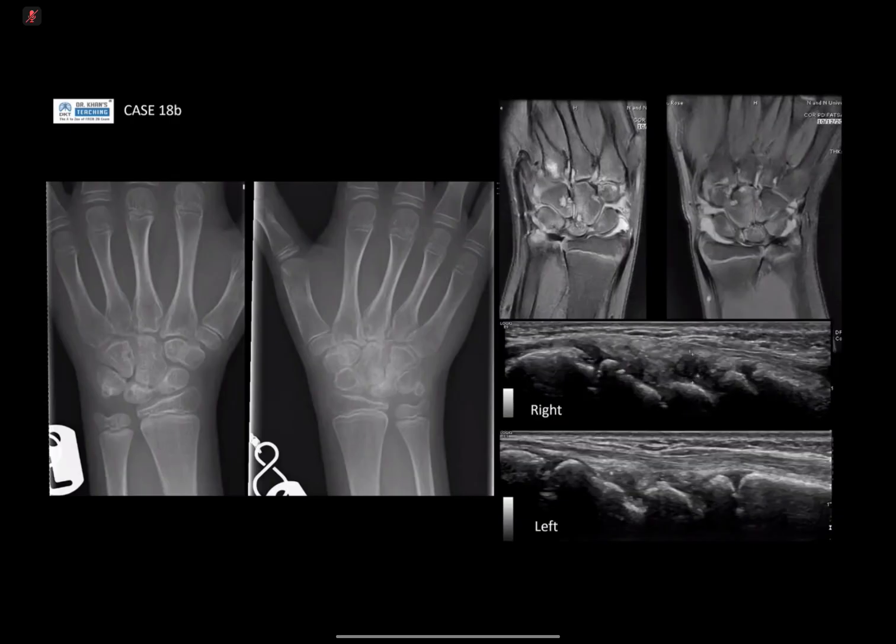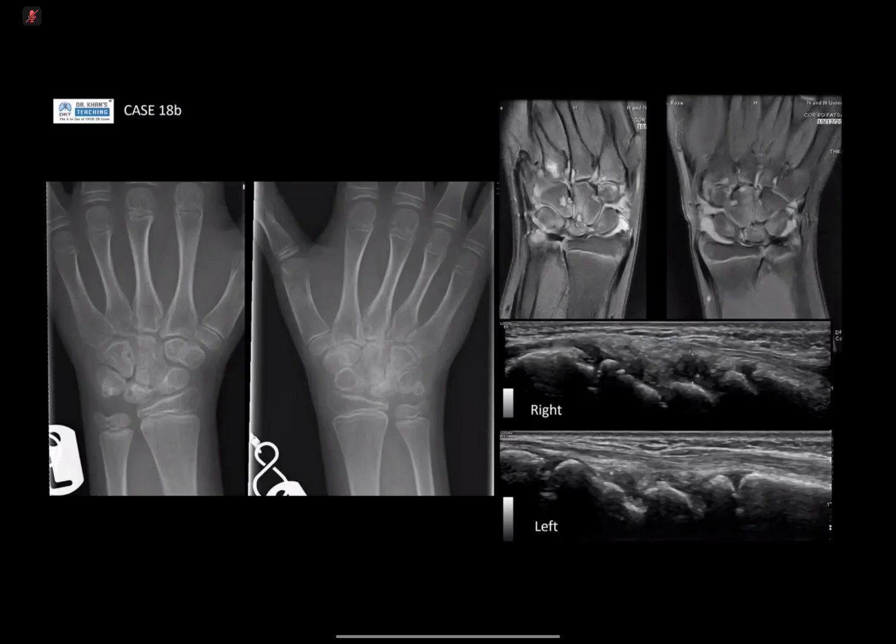On the MRI, there is a joint effusion with multiple bone marrow edema at the carpal bones and at the styloid process of the ulna. There is also erosion and soft tissue with multiple subchondral cysts.